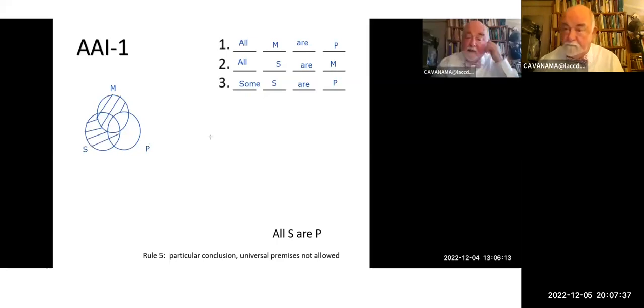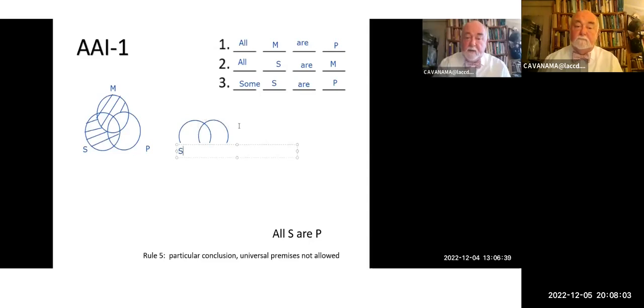Now, let's do our Venn for the conclusion. And in order to draw the conclusion, we have to be able to say some S are P. There's at least one. Circles lined up, labeled.